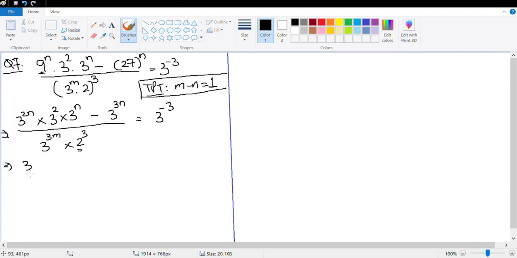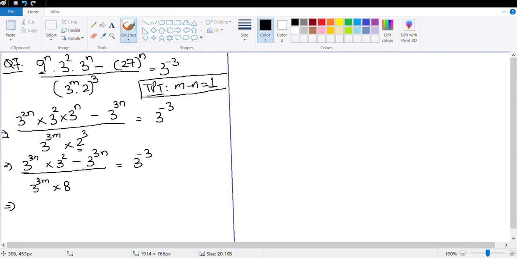So that's 3 to the power 2n plus n, that's 3 to the power 3n multiplied with 3 square minus 3 to the power 3n. I've got 3 to the power 3n common in the numerator at least. And in the denominator I have 3 to the power 3m into 2 cube, which can be taken as 8, is equal to 3 to the power negative 3.